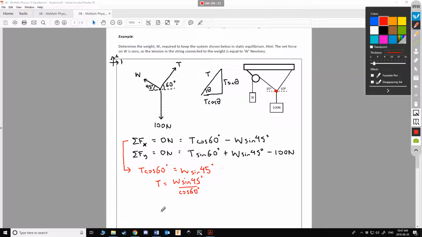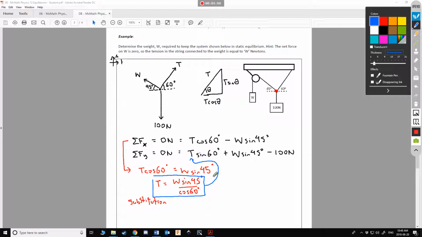Now we can use what we call substitution. We're going to substitute this quantity right here, the W sine 45 over cos 60, right into this T right here.